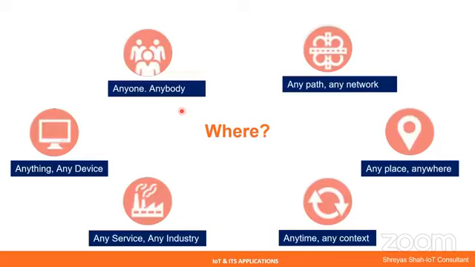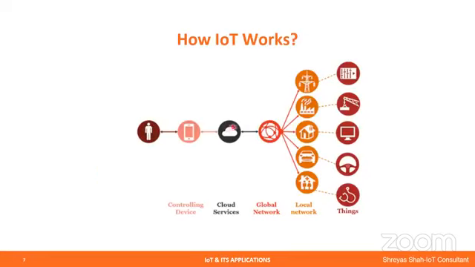How it works: things get connected with the control devices, with the ability to get connected to cloud service as well as home and local network, a global network, so that the data can be stored in the cloud, and the devices or the things can be controlled via mobile phone or any controlling device using the global or local network. And whatever events or actions happen, the cloud will be able to store. That is, data is the next fuel. We are saving the fuel of data.